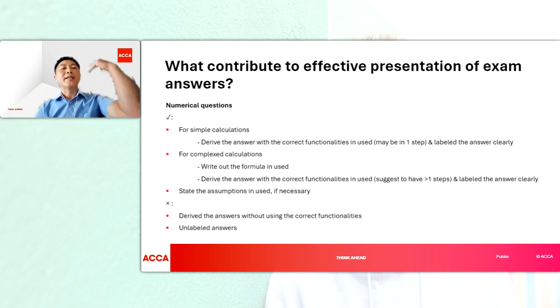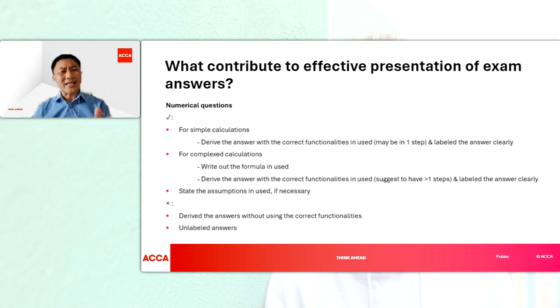Then in the cell in the spreadsheet, you may just add the two numbers together without the need to write the names of the rates specially. So this is what I meant by a simple calculation, where perhaps one step of working would be good enough to show the answer, but let's not forget to label the answer clearly. If you include both costs together, please label it clearly.